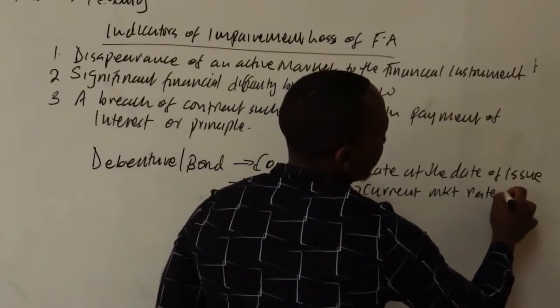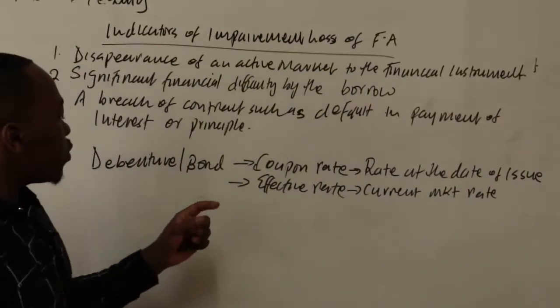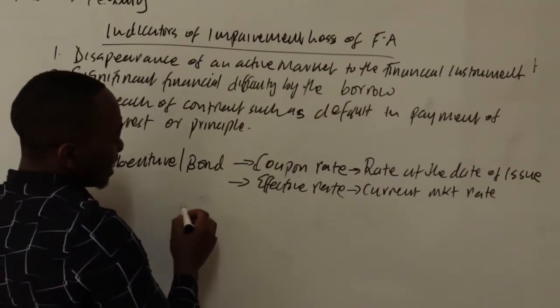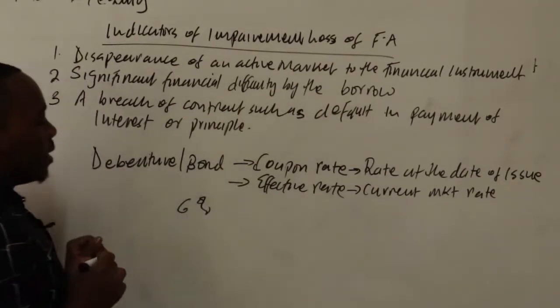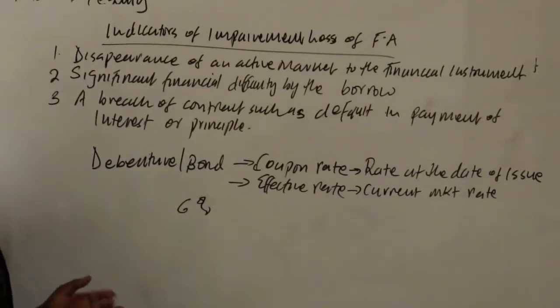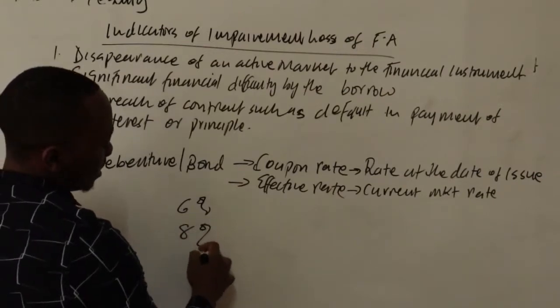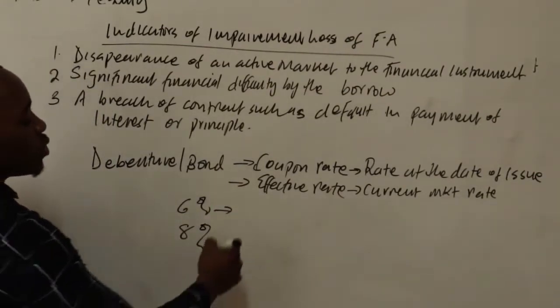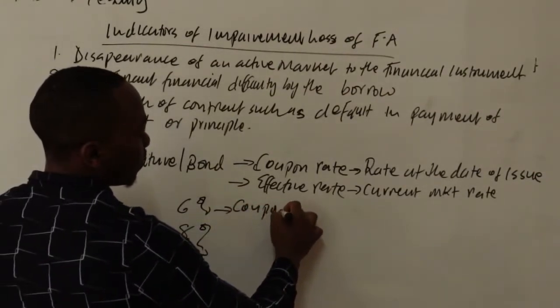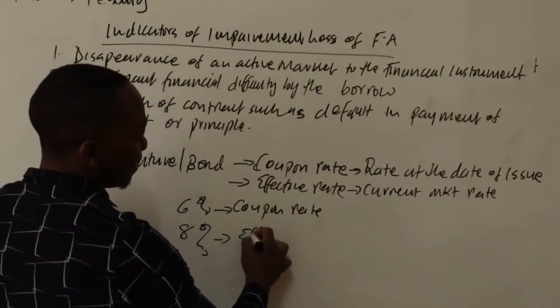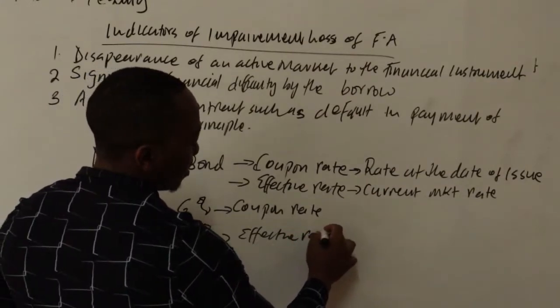Now assume at the date when you enter into a contract for a debenture, you agreed at a rate of 6%. But the current market rate, maybe after 2 years or 3 years, the prevailing market rate is 8%. So this 6% is what we call the coupon rate, and the 8% is the effective rate.